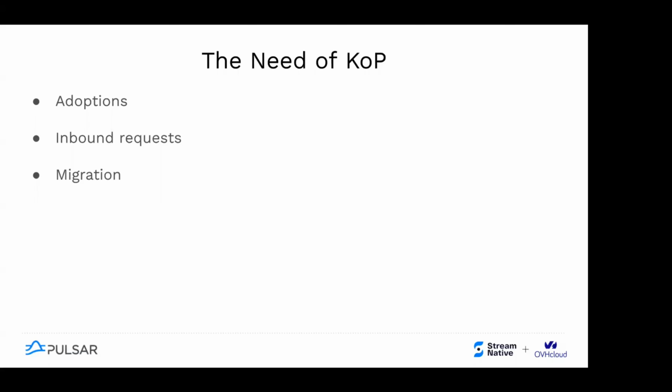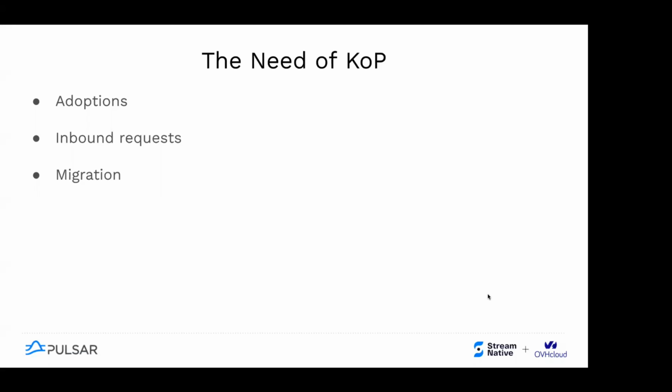So before talking about the why, the how, we can ask why we need KoP. As you can imagine, there was a huge increase of adoption for Apache Pulsar, thanks to a lot of really cool features such as multi-tenancy, geo-replication, tiered storage, and so on.